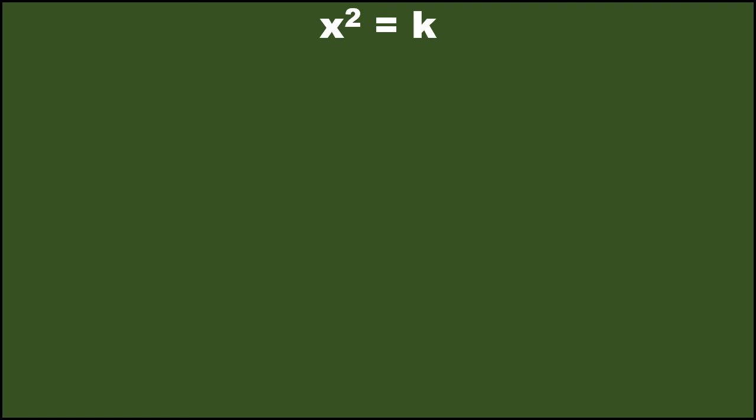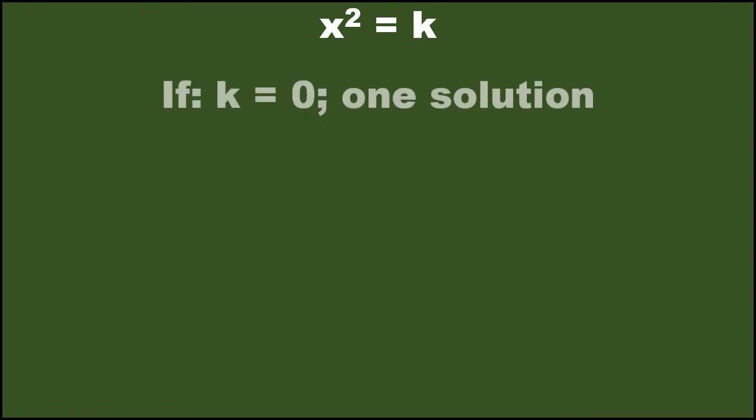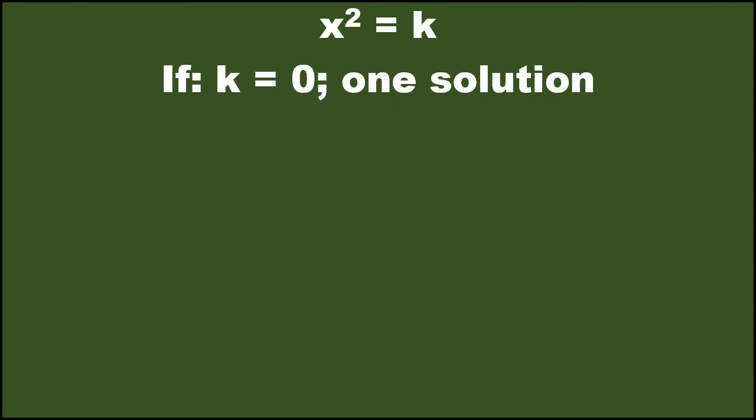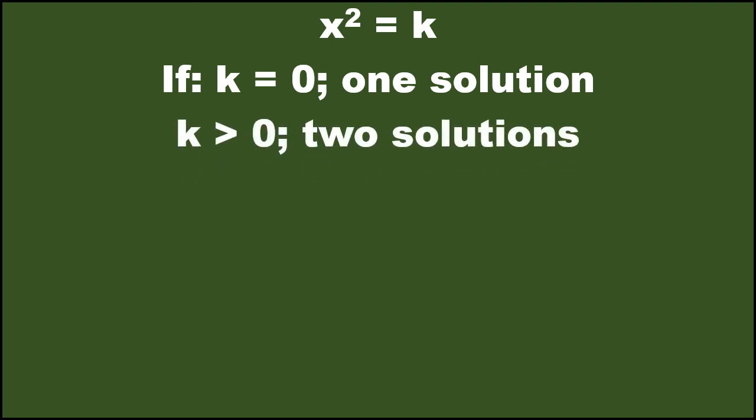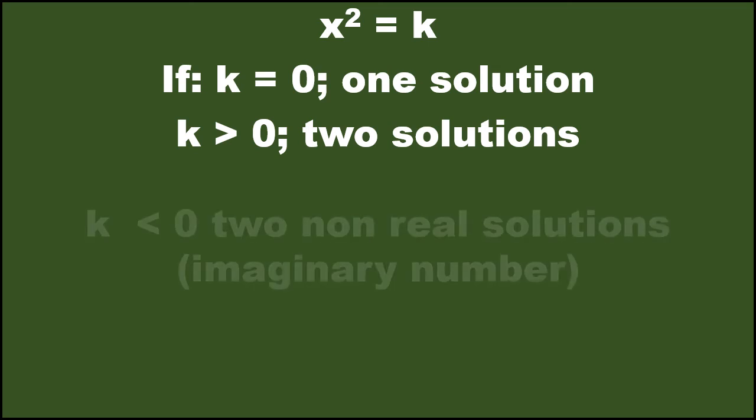Always remember x squared is equal to k in the square root property. But if k is equal to 0, we can only have one solution. If k is greater than 0, we are going to have two solutions.